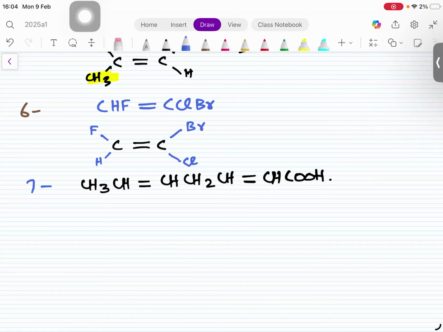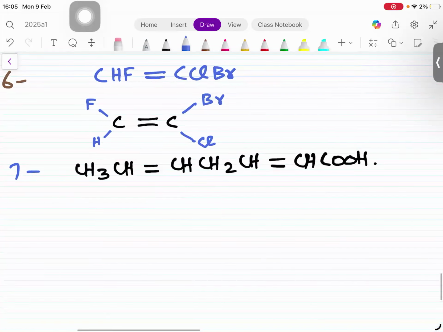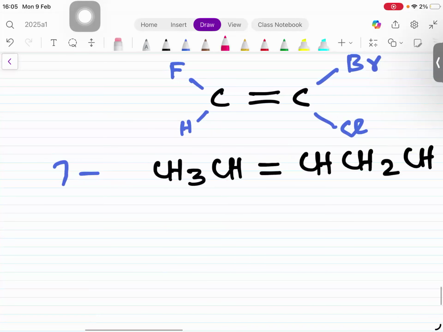Now the point is that I'm not able to understand if it is cis or trans. It has a different rule that is called EZ configuration. Although it's not part of the syllabus, I just want to let you know how you call it cis and trans. You look at their atomic number. The first carbon has two atoms, one hydrogen and one fluorine.